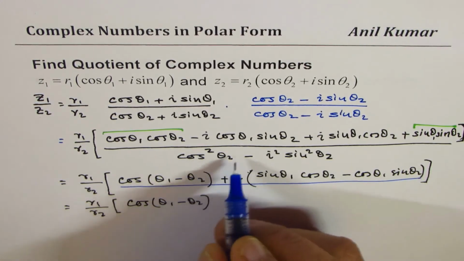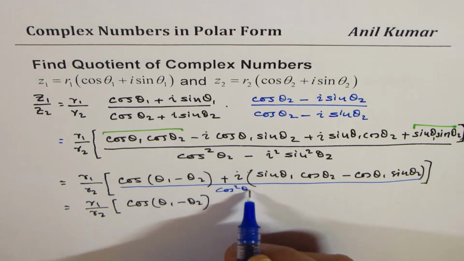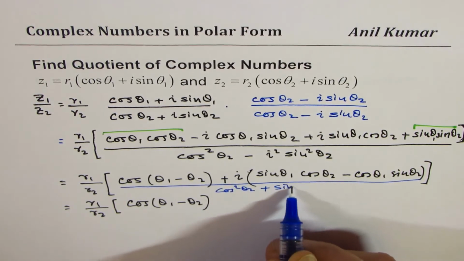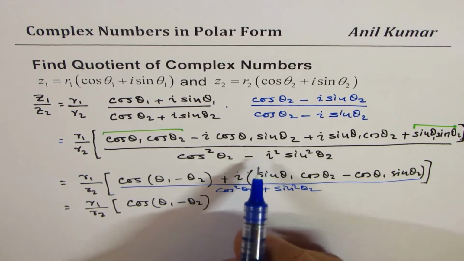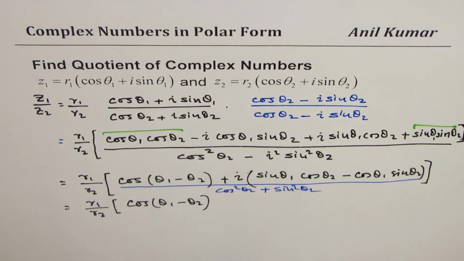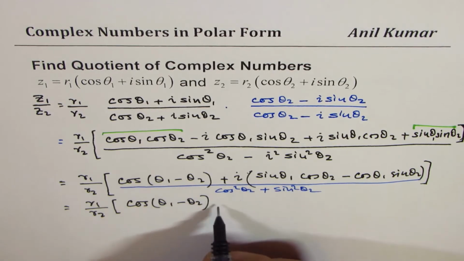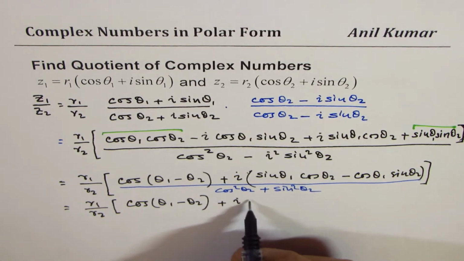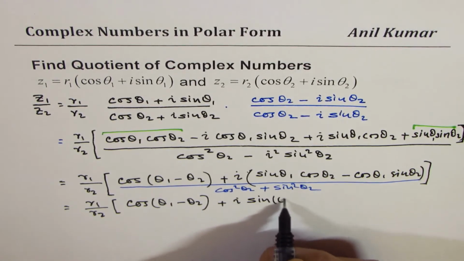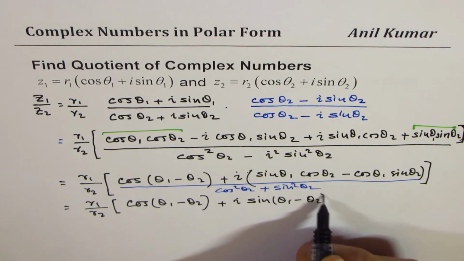Sorry for that. So here we have cos squared theta 2 plus sine squared theta 2, which is 1. i squared is negative 1, correct? So when you do that, you get negative 1 here in the denominator, and in the numerator you get plus i sine of theta 1 minus theta 2, correct?